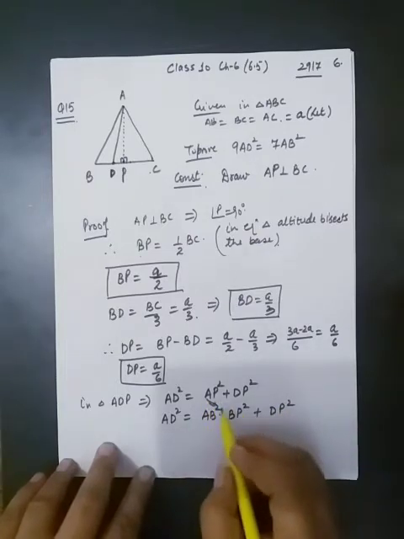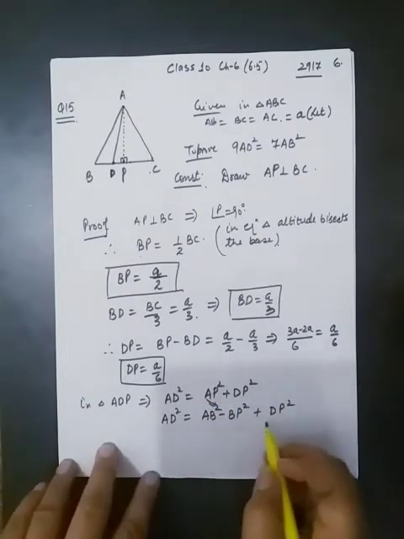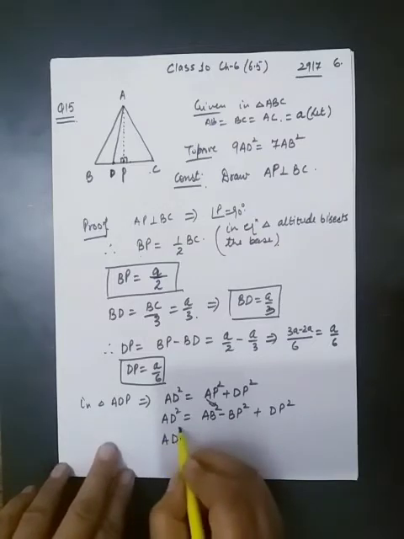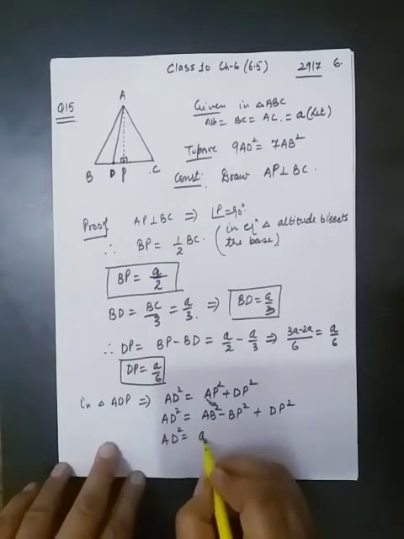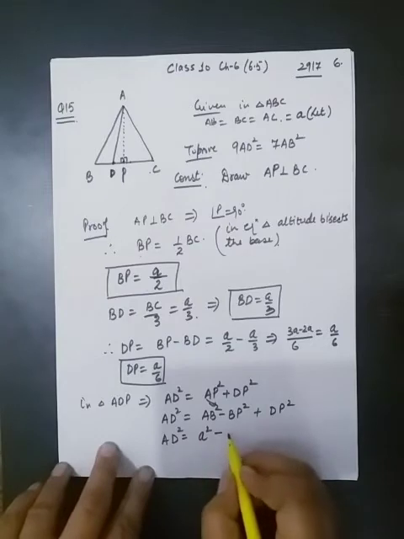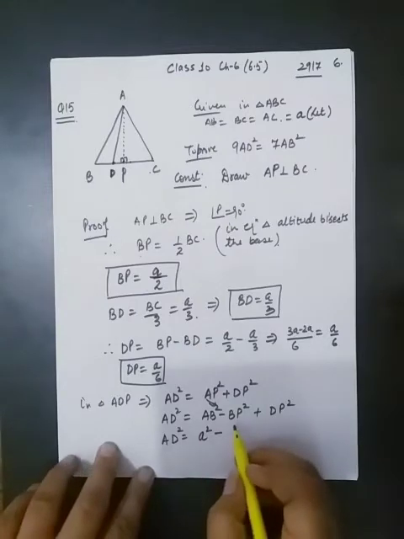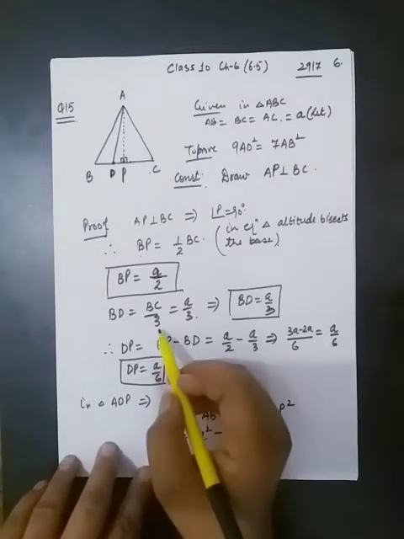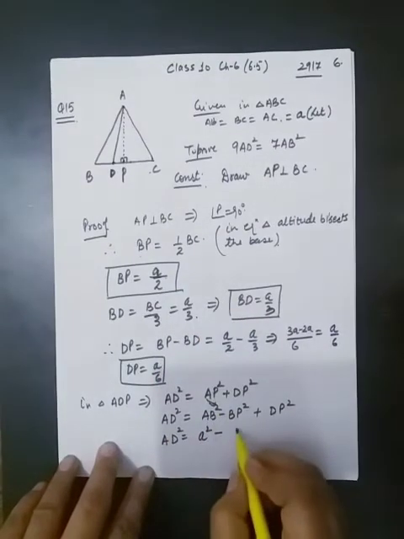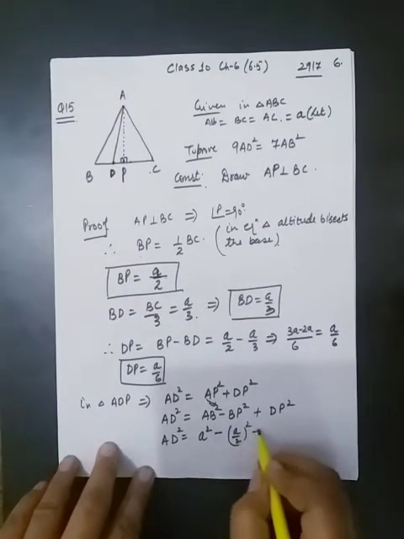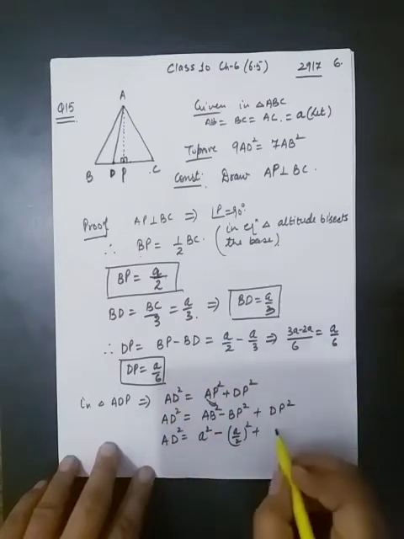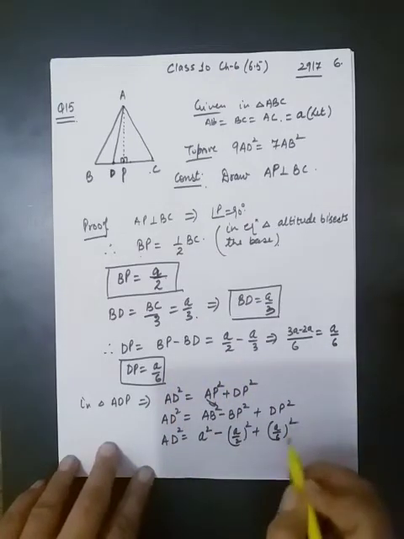We have replaced AP square as AB square minus BP square. So AD square is equal to, in place of AB we can write A square minus BP square. BP we can write, here the value of BP is A/2, so A/2 whole square, and DP square in place of that we can write A/6 whole square.